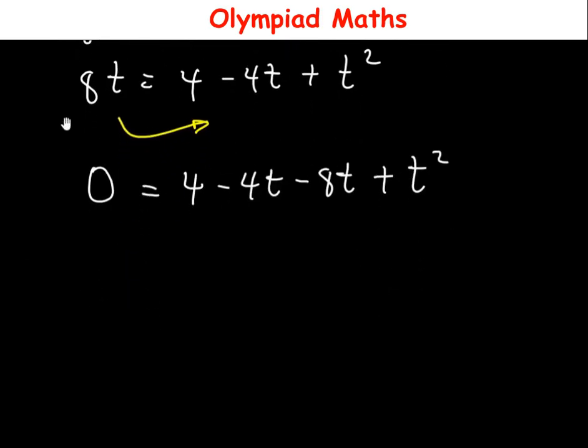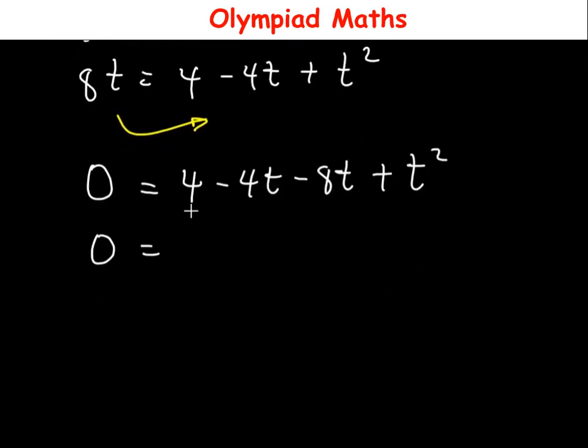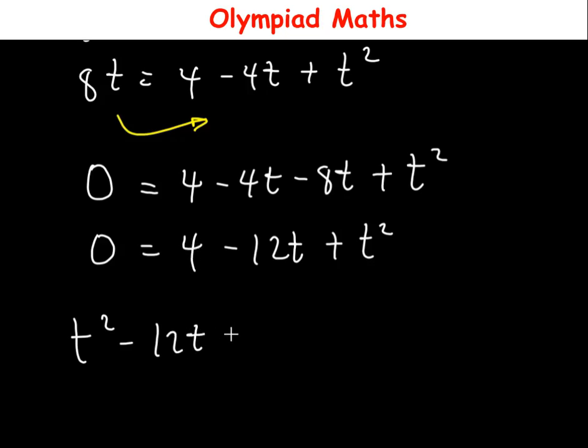And with this, 0 is equal to 4, minus 4t minus 8t is equal to minus 12t, then plus t squared. So rearranging this, we have it as t squared minus 12t, then plus 4 is equal to 0.